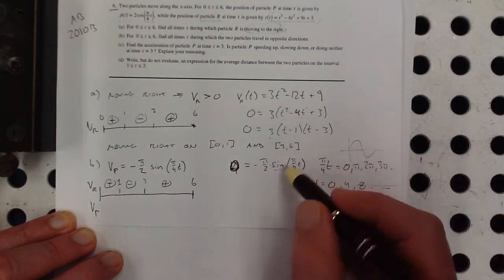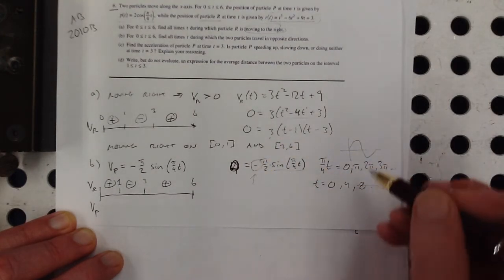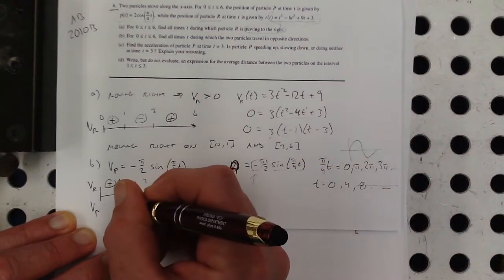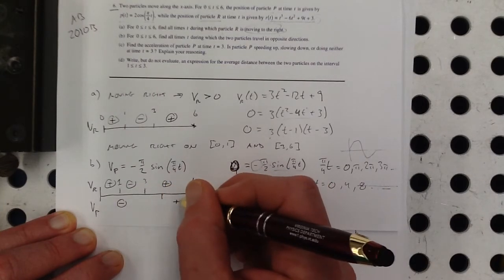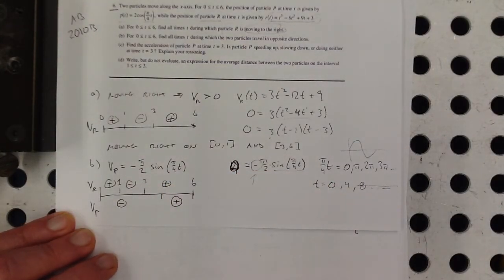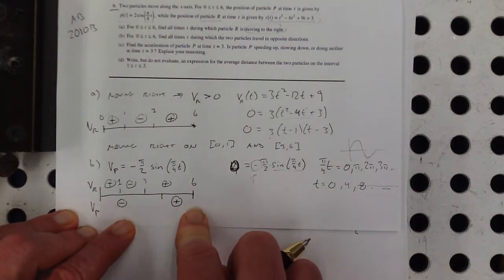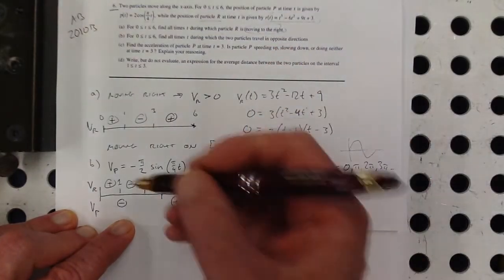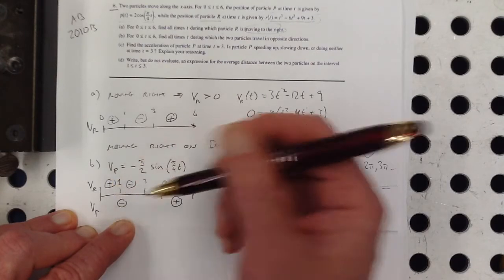And then this is a negative sign in front of here, so instead of going positive first and then negative, it goes negative first and then positive after 4. So we want opposite directions. It looks like we have opposite directions here, while this one's positive and this one's negative.